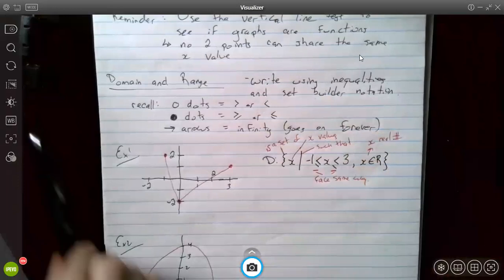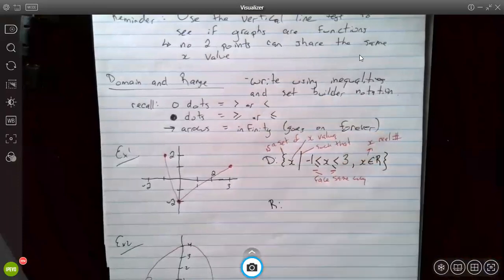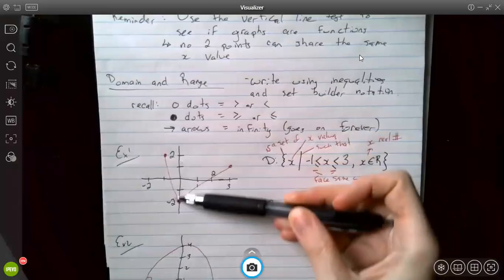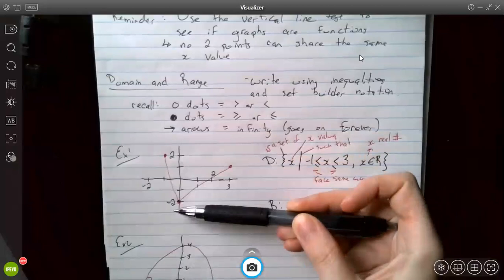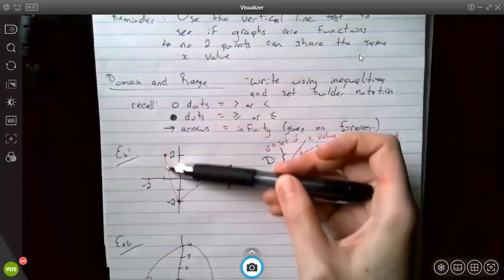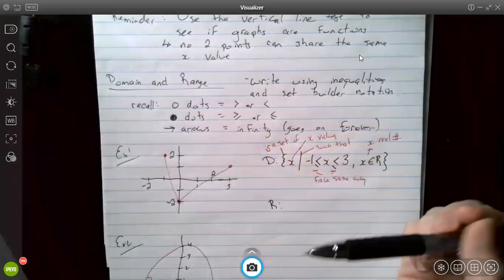Okay, and then we're going to do the same kind of thing for our range, but now our range is looking at our y values, so it's looking at the height of our graph. So we're going to start with our lowest value anywhere on the graph. Our lowest value is going to be -2.